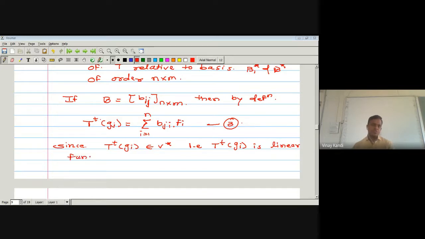This one is a functional and belongs to V star. So T transpose of Gi is a linear functional on V, where V star is the collection of all the linear functionals on V.